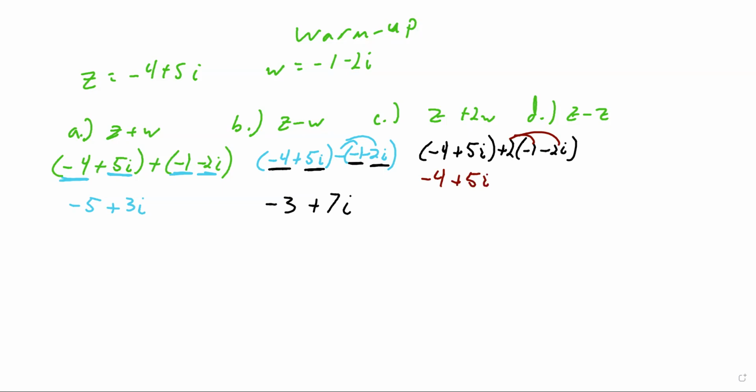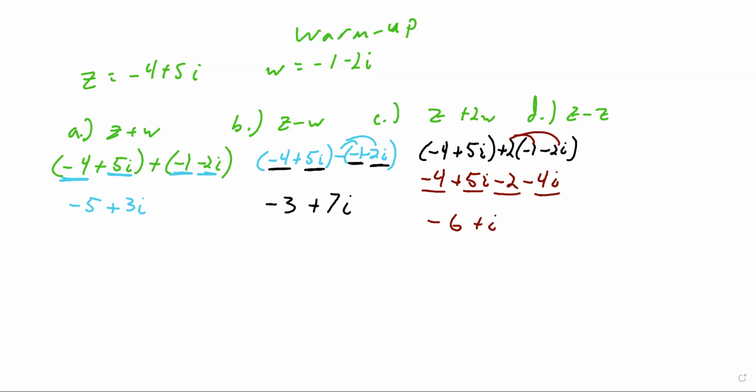What's 2 times -1? What's 2 times -2? Very good. And now I'm able to do what? Very good. So then I get -4 minus 2, which is, and 5i minus 4i plus i.